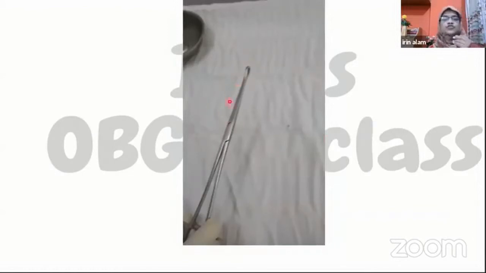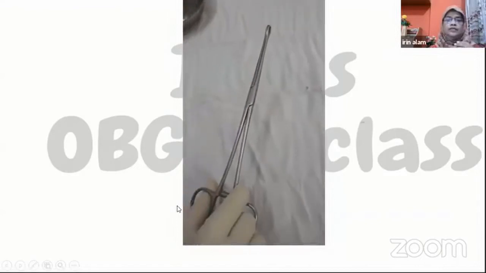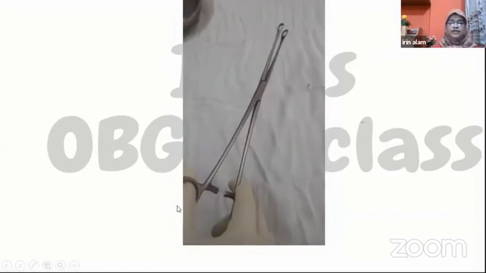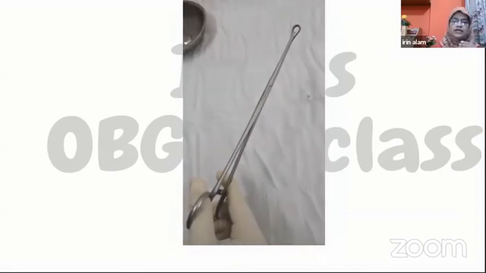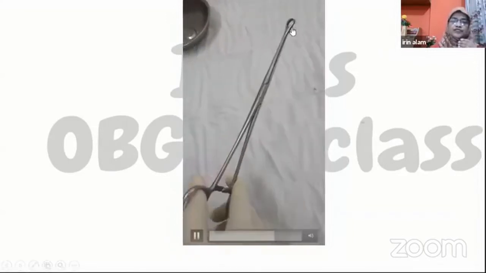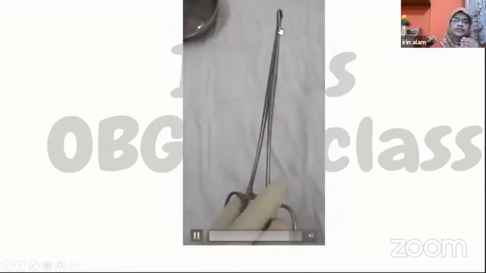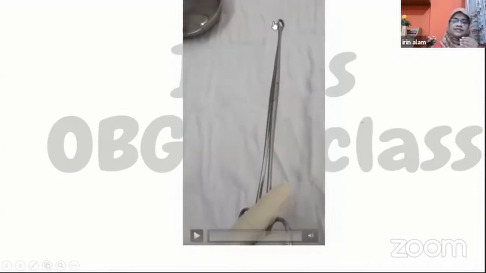And this is the sponge holding forceps. What is the use of this instrument? There is a catch, and there is a perforated end. We hold swabs, that is gauze, with this.